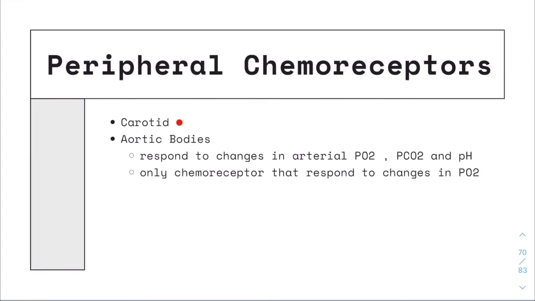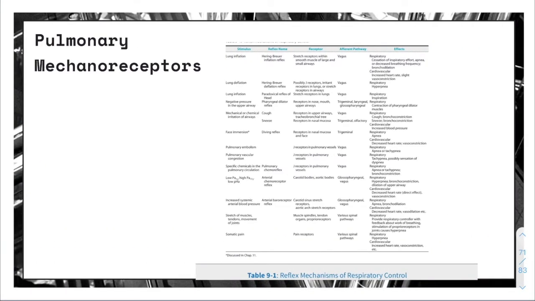These peripheral chemoreceptors can be found in your carotid and aortic bodies. They respond well to changes in your arterial oxygen tension, PCO2 tension, and pH. It is the only chemoreceptor that responds to changes in oxygen.